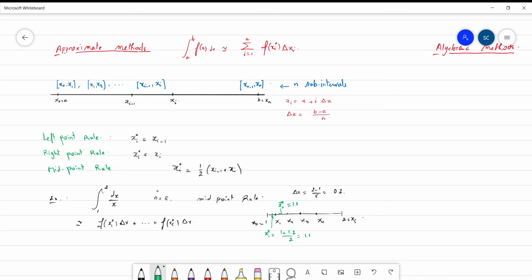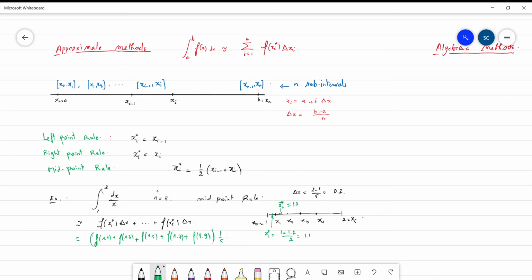Like that, my value will be f at 1.1 plus f at 1.3 plus f at 1.5 plus f at 1.7 and finally f at 1.9, multiplied by delta x as a common factor, which is 0.2, or 1 over 5.